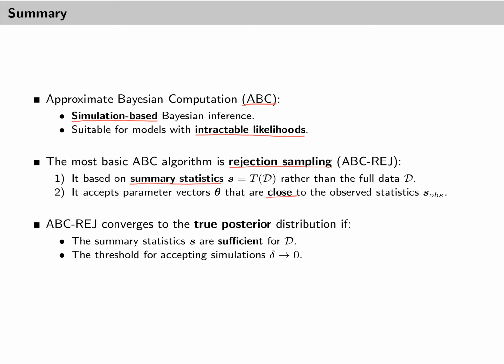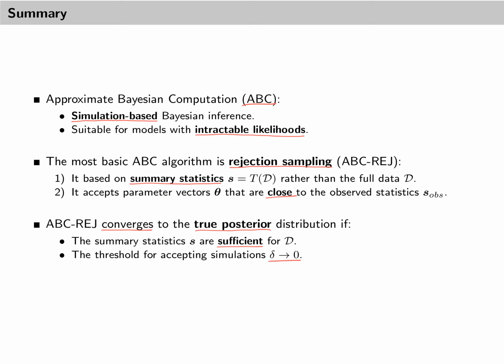However, ABC posterior distributions do converge to the true posterior distribution if, first, the summary statistics S are actually chosen such that they are sufficient for the data. Hence, they contain as much information about the parameter as the full data does. Second, the threshold for accepting simulations delta has to approach 0.